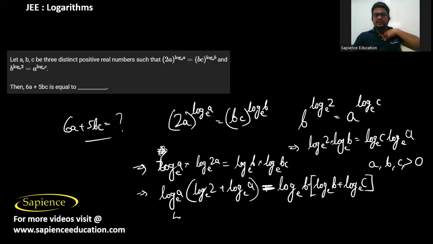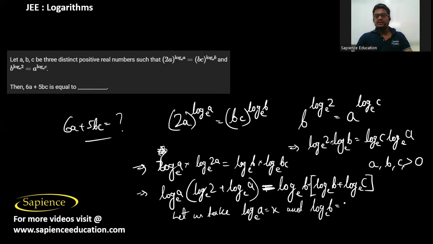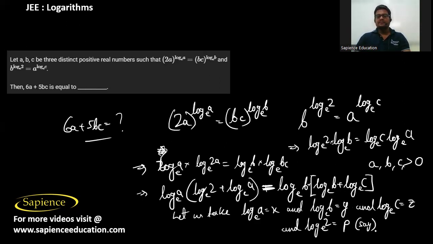Now let us take log a base e as x and log b base e as y, and log c base e as z, and log 2 base e we can take as some constant, let's say p, suppose.